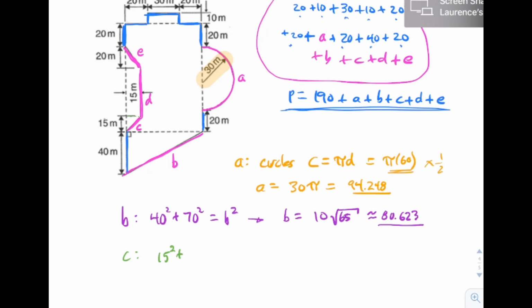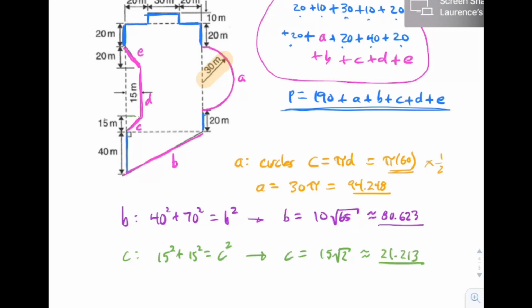This leg is also 15 because it says it right there. Equals the hypotenuse squared. And so when you work this one out, I'm sure you trust me, the nice answer is 15 radical 2, which if you force a decimal out of that, you get about 21.213.